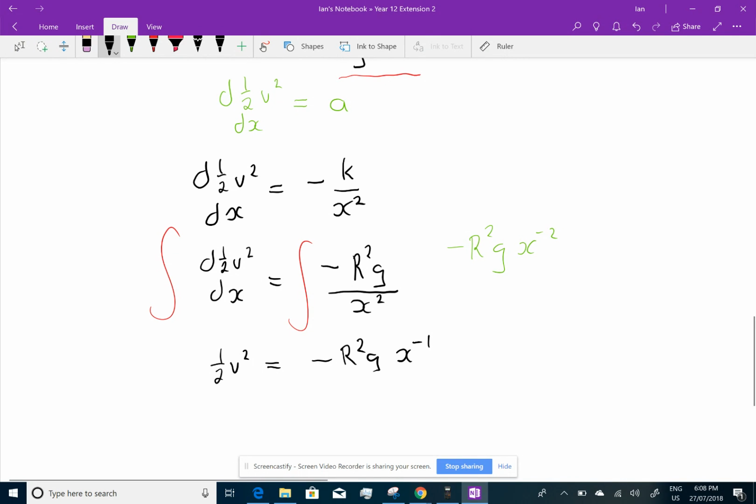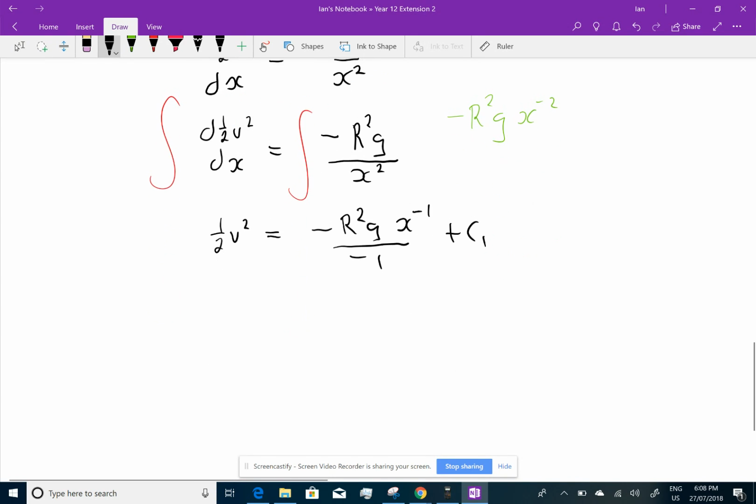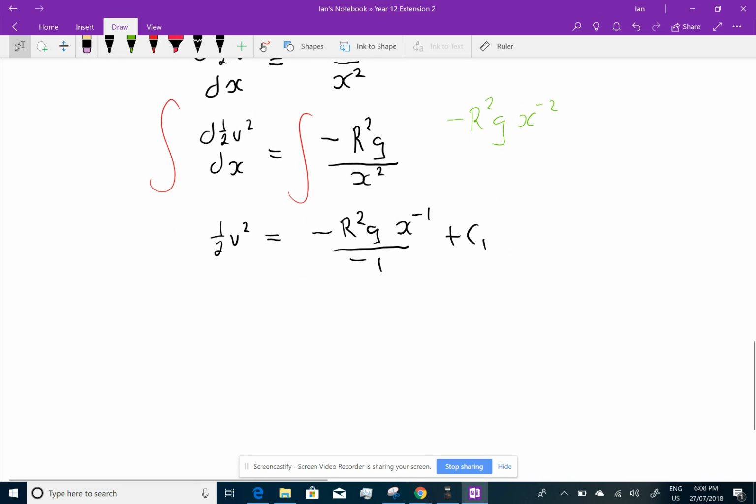I divide by that, so divide by -1, and I'm going to have this constant. So half v squared will equal, the negatives will cancel, r squared g x to the minus 1 plus c1.